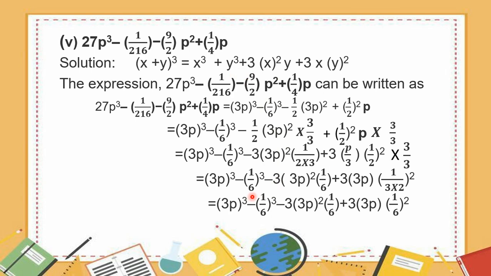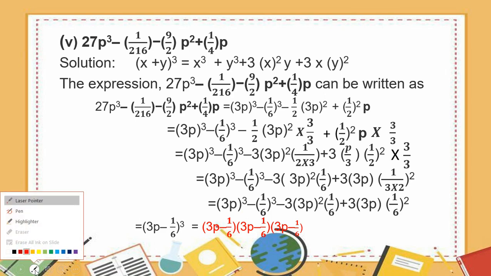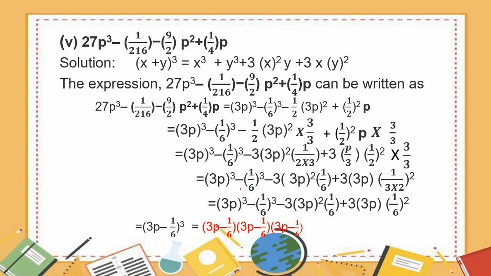So in the next step, when we take this minus as plus, in this step what we have to do, we have to write this plus 1 by 6 and this minus 1 upon 6 whole cube, minus is there. As we are having 1 upon 6 as a negative term, this plus sign we have to place here, and in this next, this 1 by 6 is nothing but minus 1 by 6.